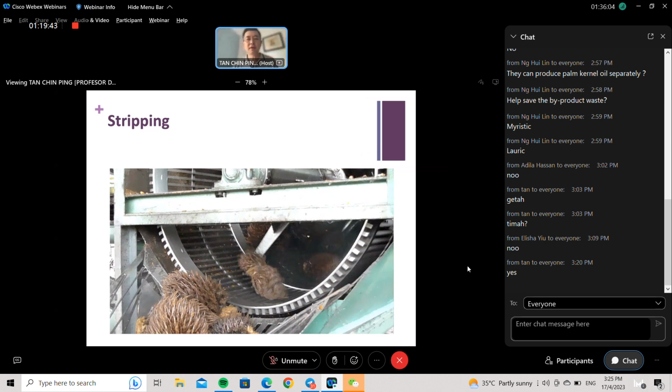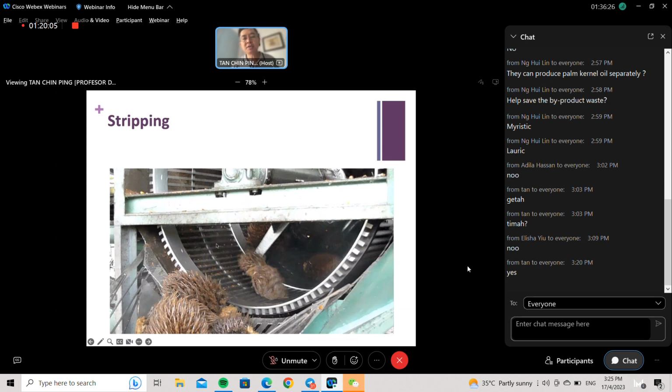So if you take a look at this, this is actually the drum. It is cylindrical. It's like a vertical decanter. Sorry, a horizontal decanter.